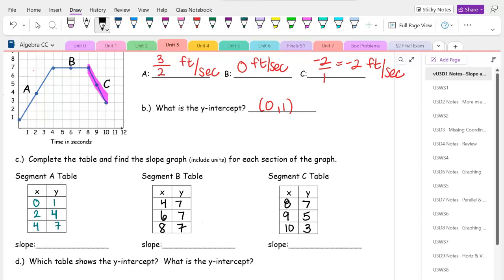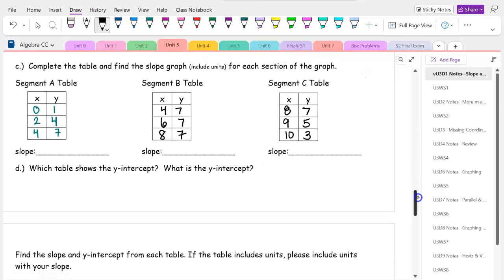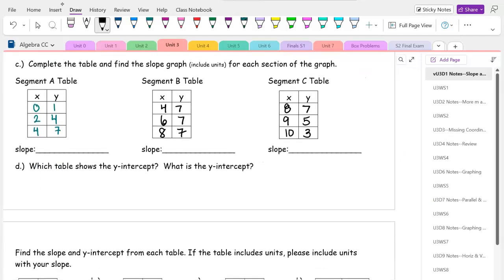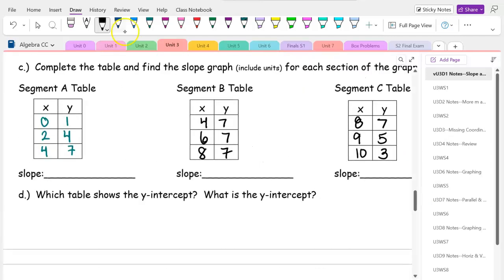All right, now we already found the slope of A, B, and C up above, but I want to show you how you can get that exact same slope from using a table. In order to find our slope, we're going to find the jumps in the x and the jumps in the y.